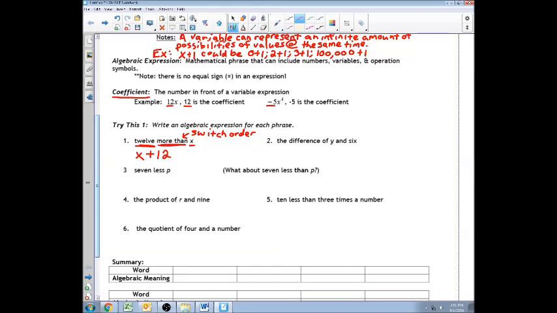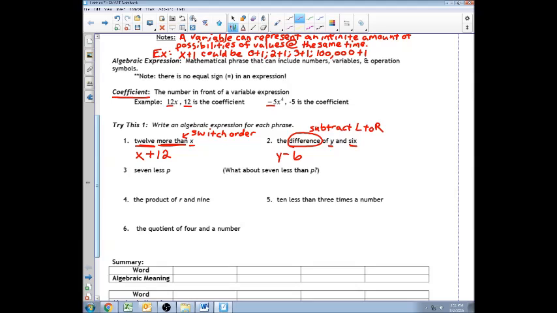Okay? Number 2, the difference of y and 6. In this one, I do not have than in the problem, so we're just looking at the word difference. If I have the word difference, I'm just going to subtract from left to right. So in this problem, my y comes first, and my 6 comes second, so it'll be y minus 6.